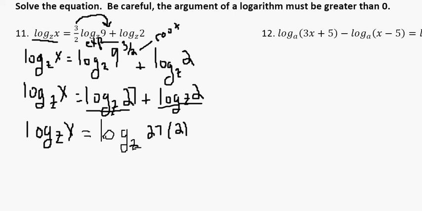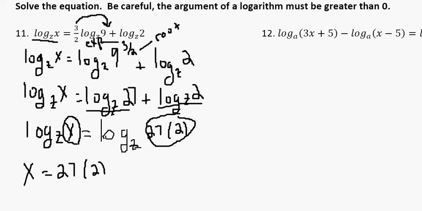Now that I've condensed it to a log on both sides, with the same bases and a single logarithm on both sides, for these two sides of the equation to be equal, my arguments must equal each other. So x must equal 27 times 2, or 54.